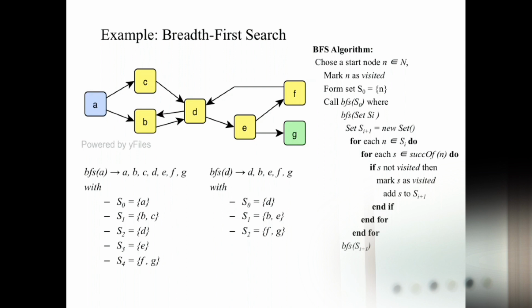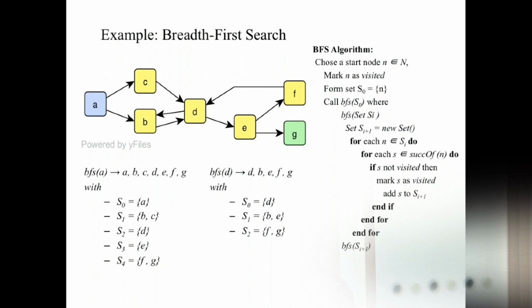For all the members that belong to that set, we visit their successor nodes. Then we check if a successor is not visited, mark it as visited and add it to the new set that you created.